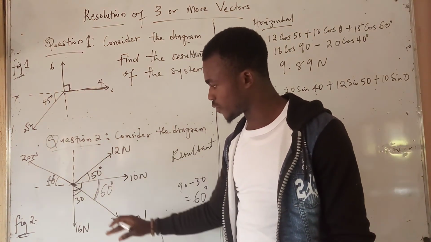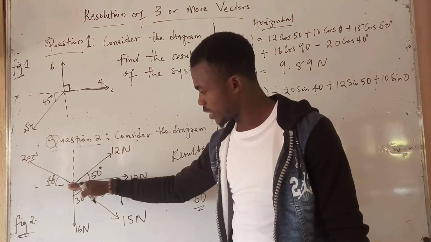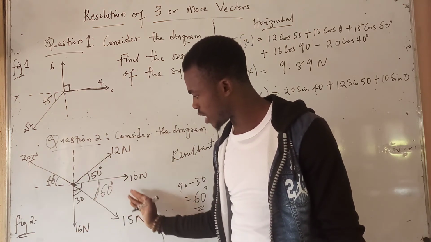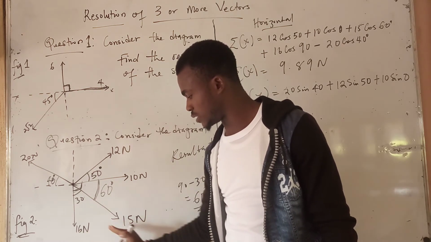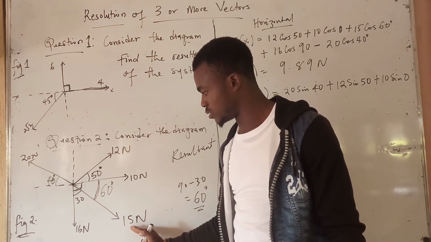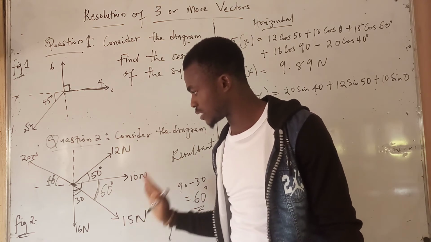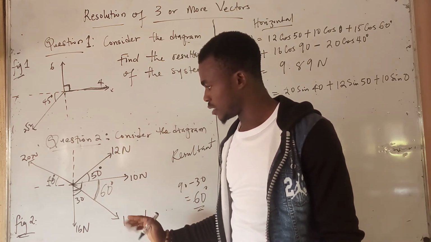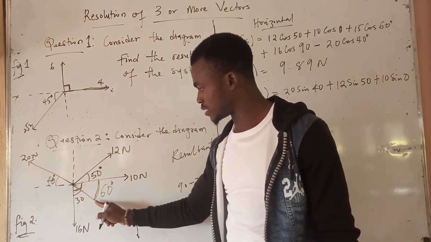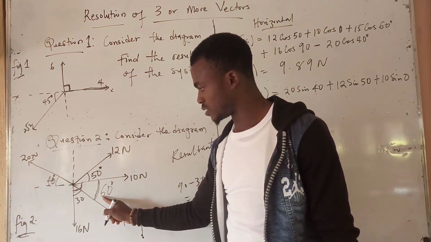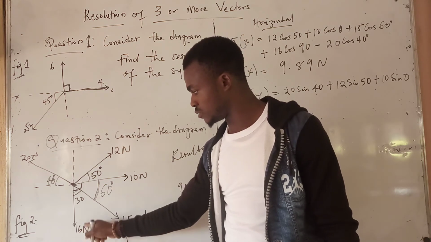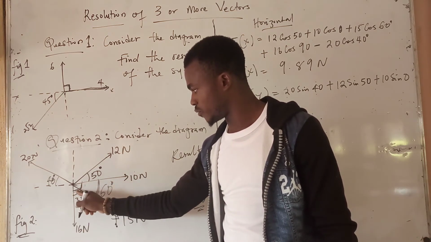Now for the negative component, we look down to this point. We have two vectors, 16 Newton and 15 Newton. The 15 Newton makes an angle of 60 degrees with the horizontal, and the 16 Newton makes an angle of 90 degrees with the horizontal.